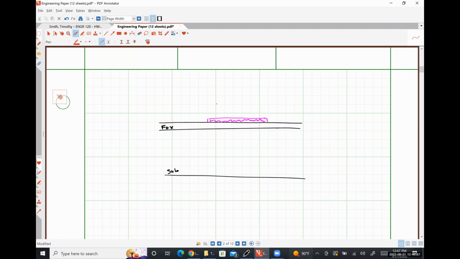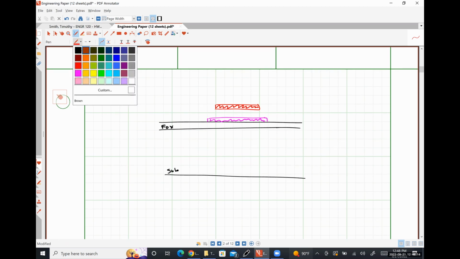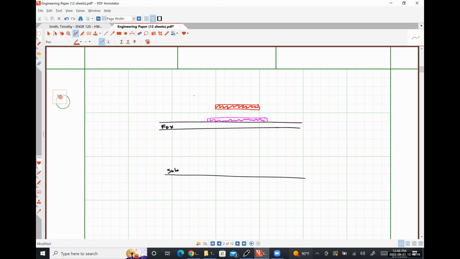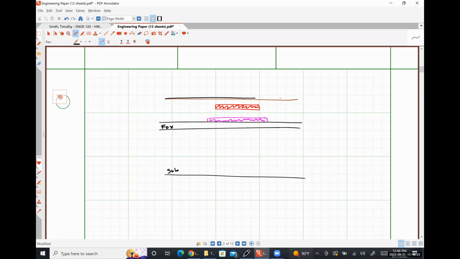And then this red bit right here is poly 2. That line was supposed to be black, but it will be okay. I'll just redraw it.